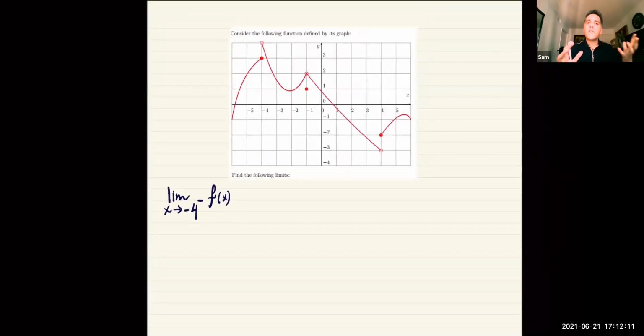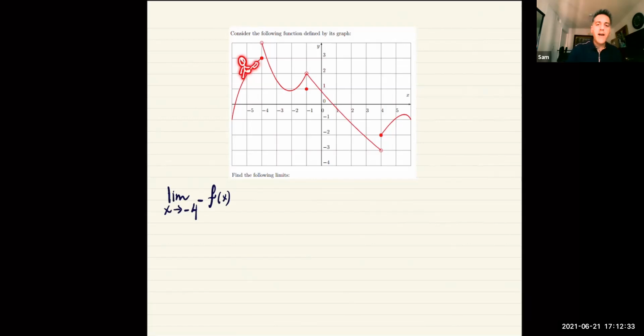All right, so let me get you started here. Here's the function. Here's -4, okay? Imagine you are walking on the function, so on the left of -4. So here's the function. I am on the function from the left. What do I get close to?